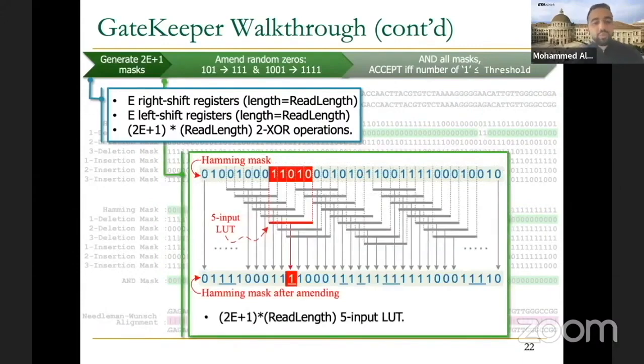Now, the challenge is when you change the bits, the short zeros, single zero or two zeros, into ones, how do you change them? We leverage the lookup table operation in FPGAs, and we know that all FPGAs have lookup tables in order to achieve any kind of logic operation, right? There are some logic gates in the slice of the FPGA, but there are always lookup tables to do any kind of operation.